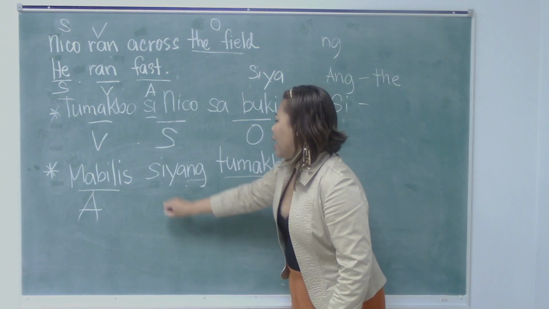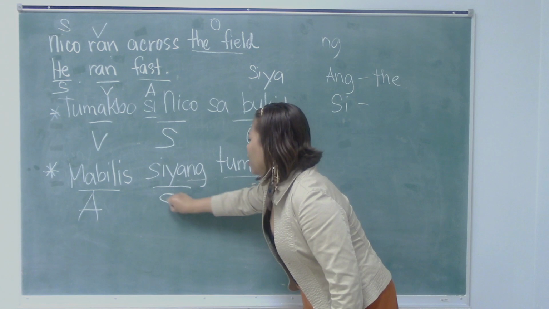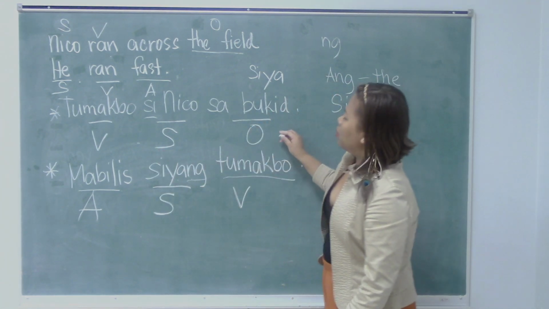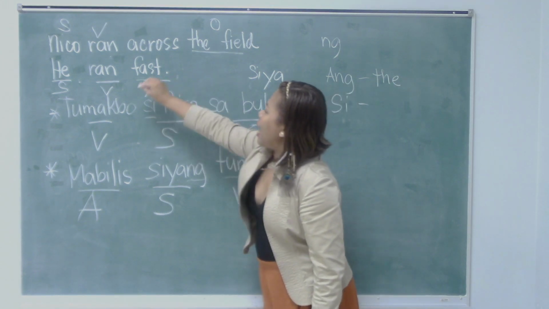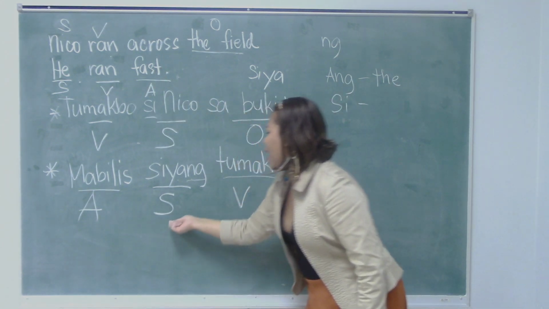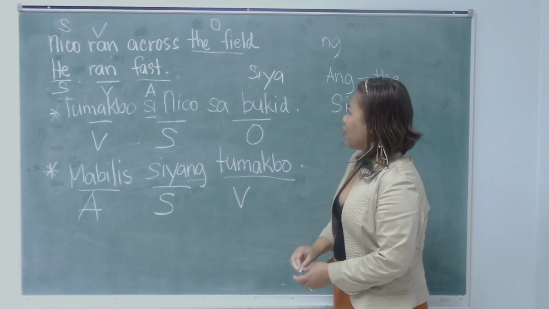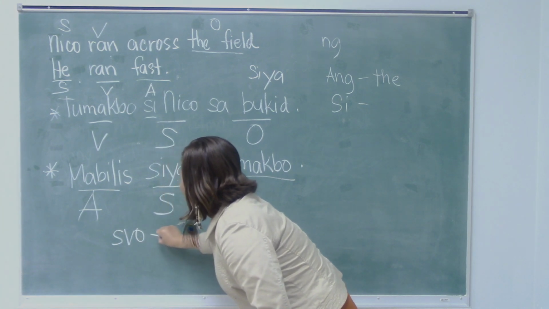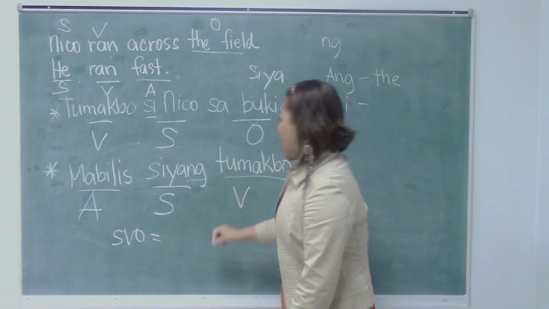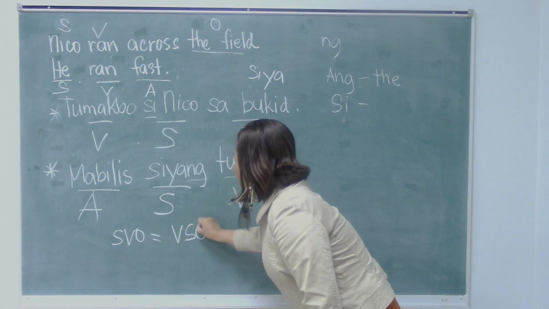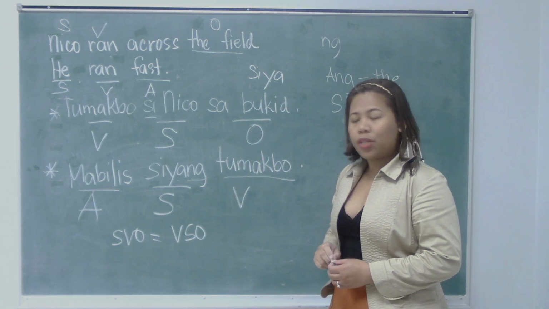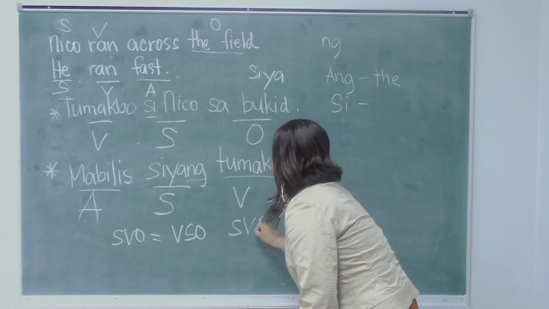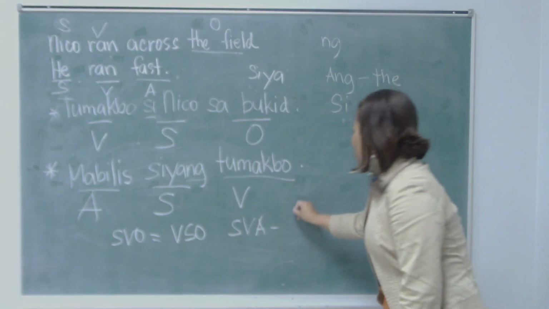So it became adjective, subject, and verb. So SVA will become ASV. So to write the conversion, I will write it down here. So SVO will become VSO because we are using the conversational Filipino, and then SVA will become ASV.